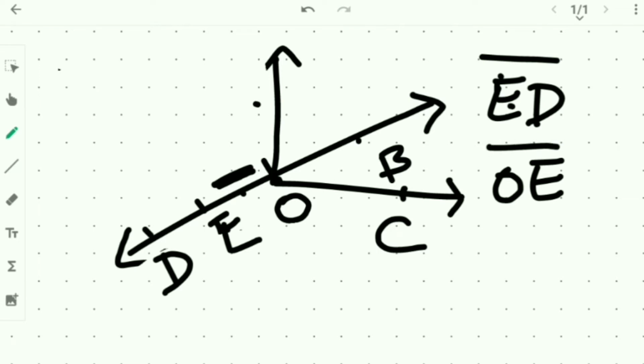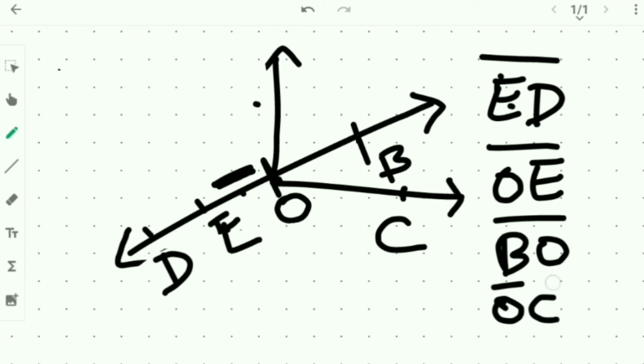Now BO is also a line segment with 2 finite points. B is a finite point, O is a finite point. So BO. Then OC. OC is a line segment. Also DB is a line segment. Okay. So that question is clear, I think. I hope it is clear now.